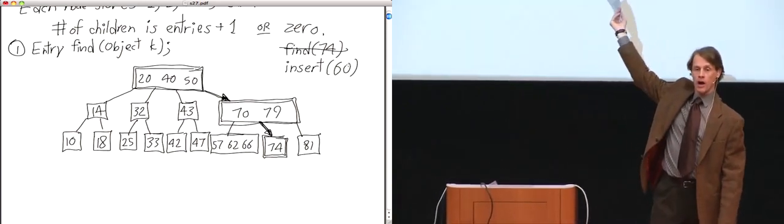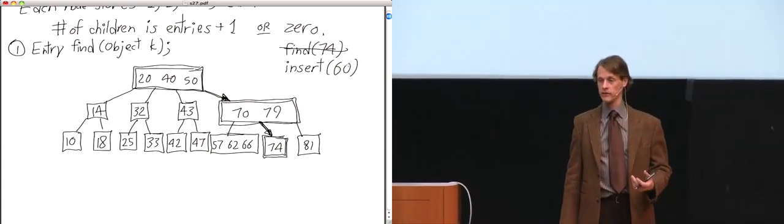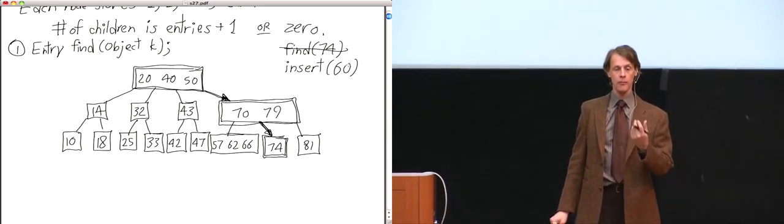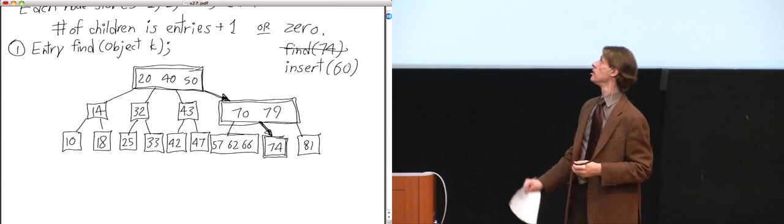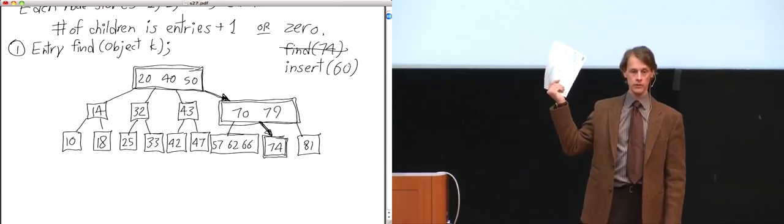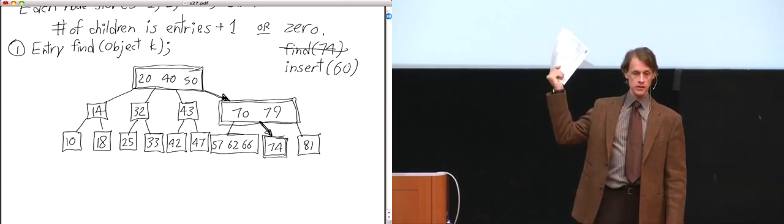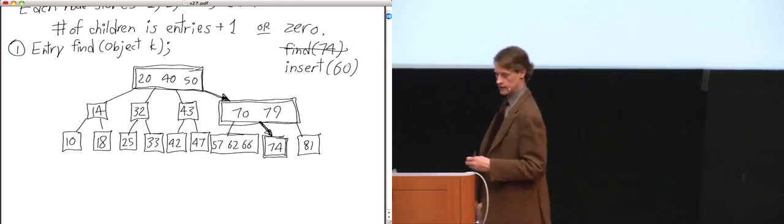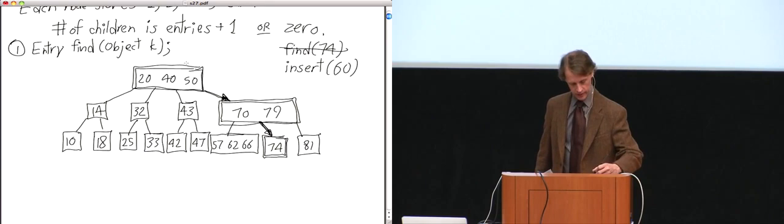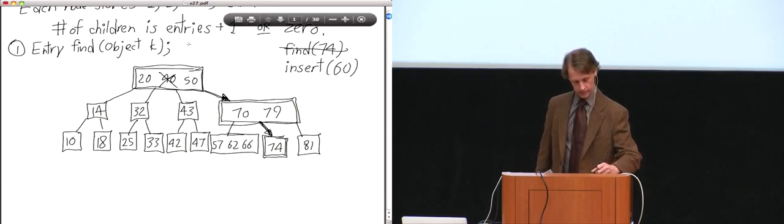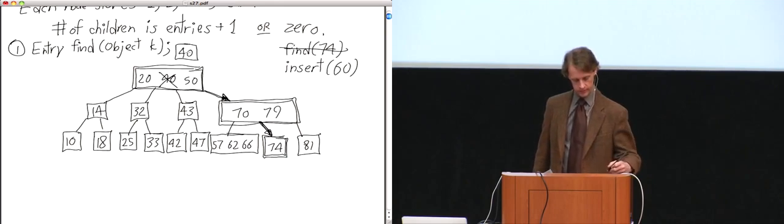And the root node already is a 3-key node. Whenever we hit a 3-key node, we're going to restructure it by moving the middle key up into the parent. This is a special case, though, because the root node doesn't have a parent. So we'll create one. So the first thing we do here is we restructure this node by moving the 40 up into a separate node on its own.